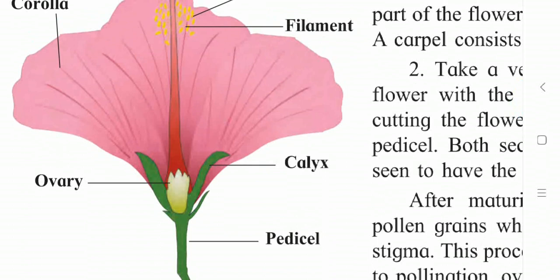So due to the female reproductive system and male reproductive system, that is androecium and gynoecium, the flower is so beautifully in front of us, open in a nice way.